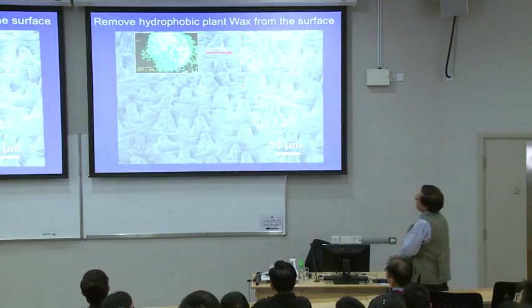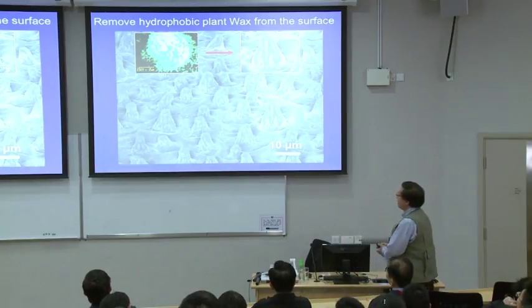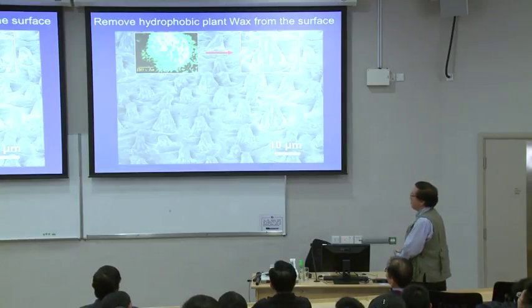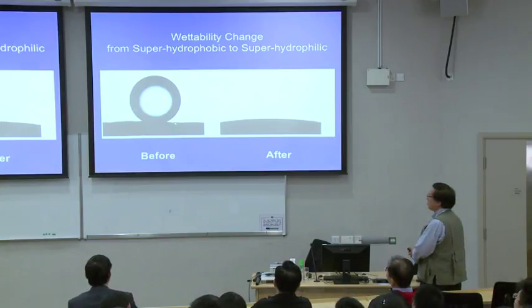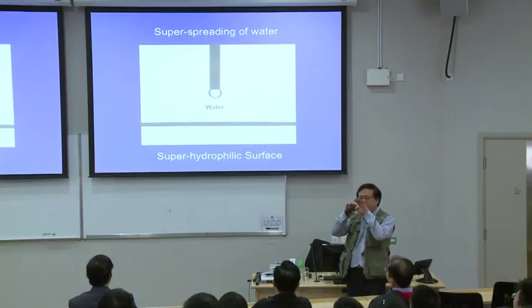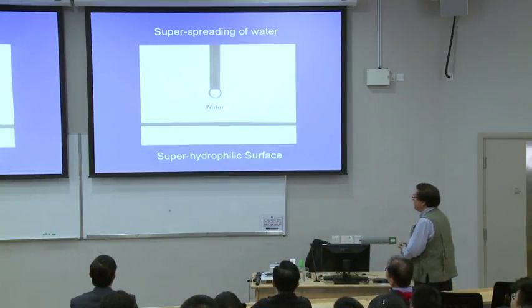And after that, let's try to do some chemistry. Let's dissolve the plant wax from the lotus leaf, and then the surface changes from superhydrophobic to superhydrophilic. It means the water droplet will spread completely to zero angle.